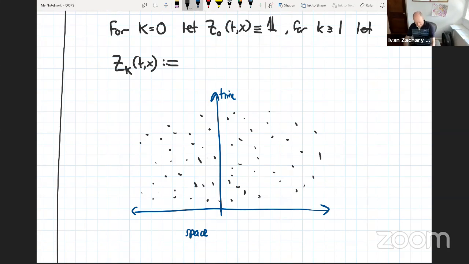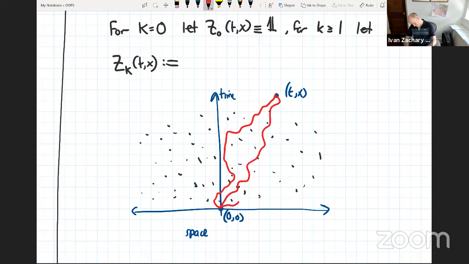Now I have my starting point, which is 0, 0, and an ending point, which is (t,x). I'm going to imagine that I have k non-intersecting Brownian bridges. Okay, k is 3 in this case.